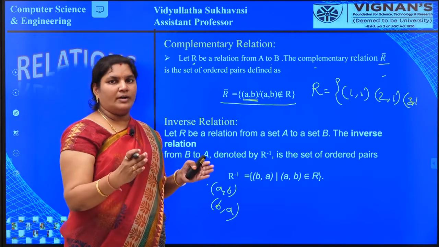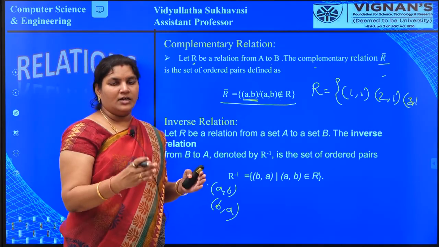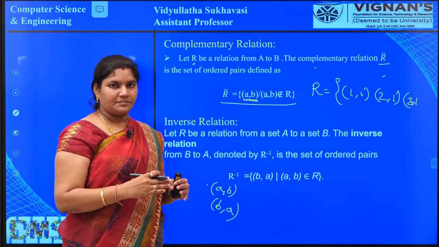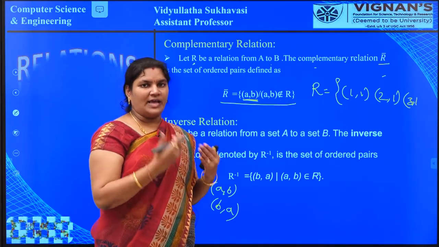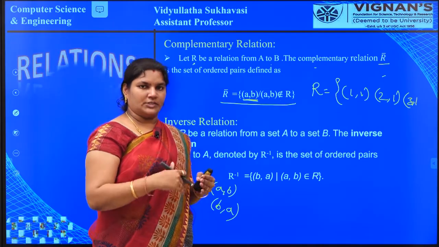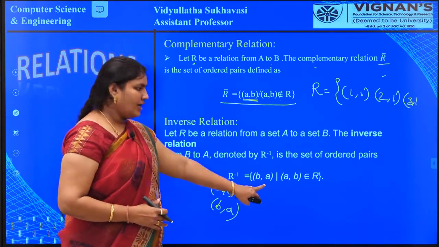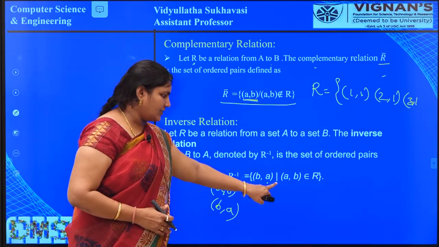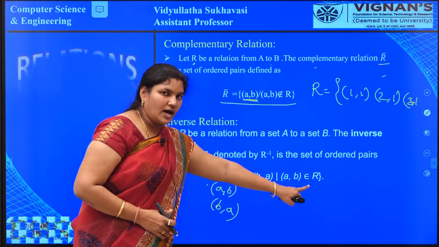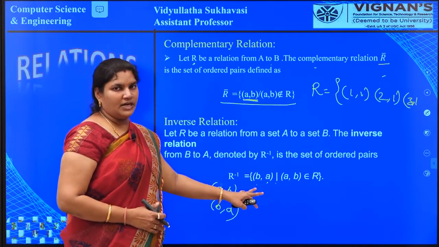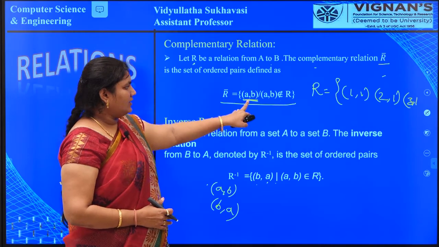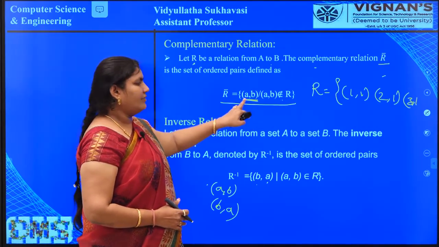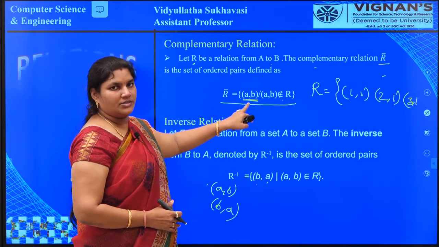If 1 comma 1 is there, again we need to specify 1 comma 1. So whatever the ordered pairs we have in relation R, by reversing those ordered pairs we represent the inverse relation, that is B comma A, such that if A comma B belongs to R, then we need to represent B comma A. In complement relation, if the ordered pair is not in relation R, then we will specify it in the complement relation.